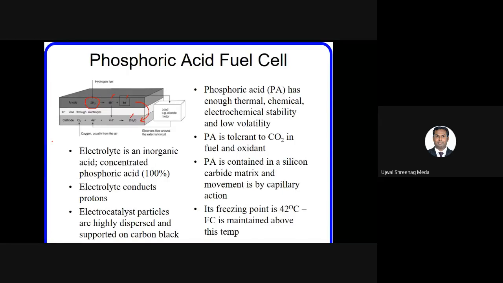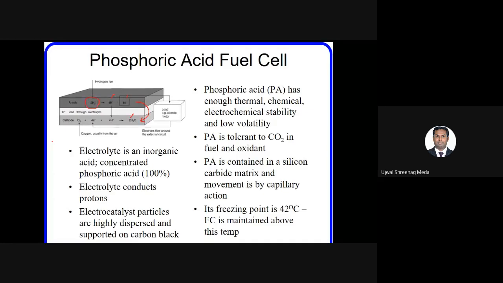However, later people started using substrates such as carbon black or graphite, and they deposited this catalyst material, that is platinum, on those substrates, thereby drastically bringing down the quantity of noble metals involved in fabrication of electrodes. The electrocatalyst particles are highly dispersed and supported on carbon black. So here the general substrate is carbon black.